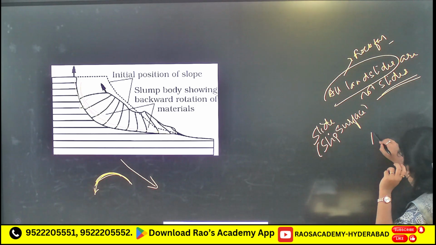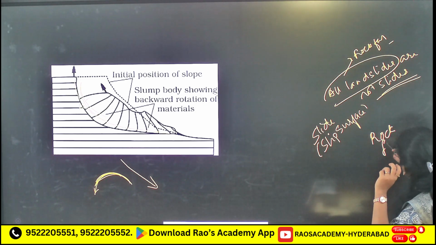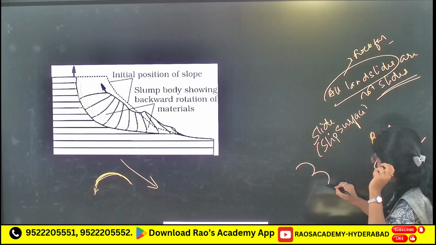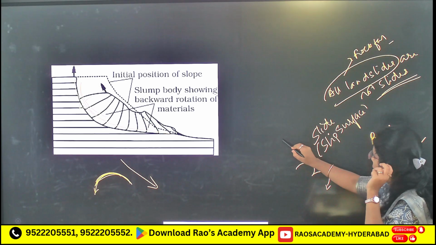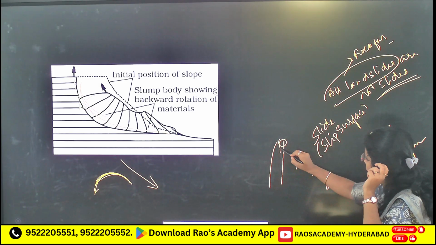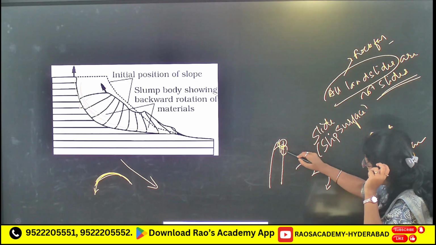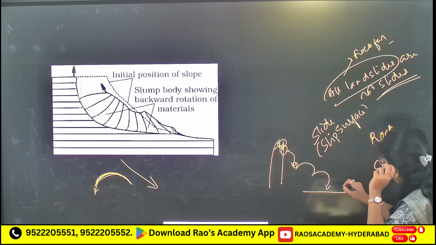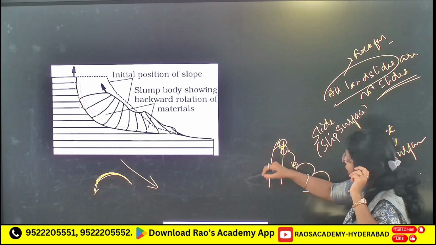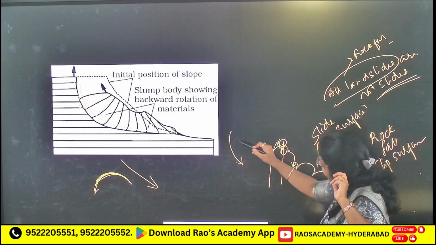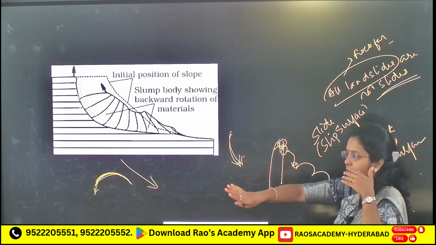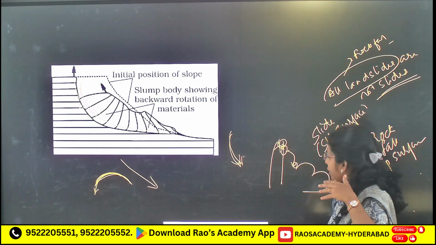In rock fall you do not have any slip surface. The rock bounces and falls. Here there is a surface, mounted. From here the rock bounces and falls on the surface. But when you take rock slide, the slide happens sliding from a slip surface.